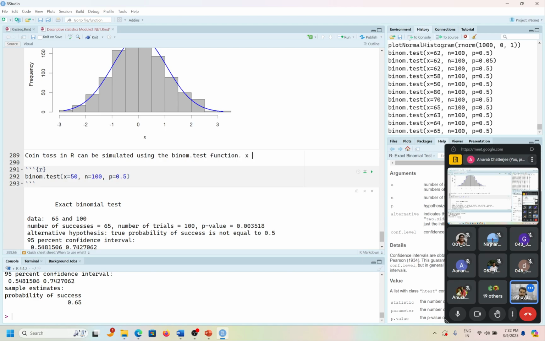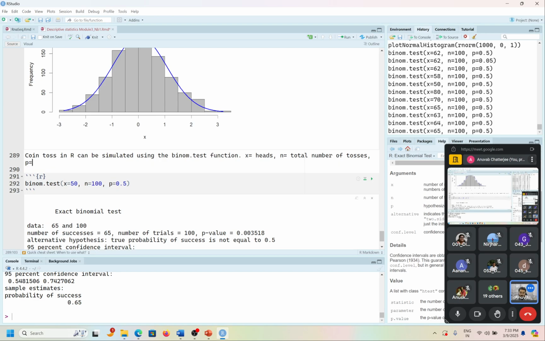Here x is the number of times you get a positive result, so x is the number of heads, n is the total number of tosses, and p is not actually the p-value.